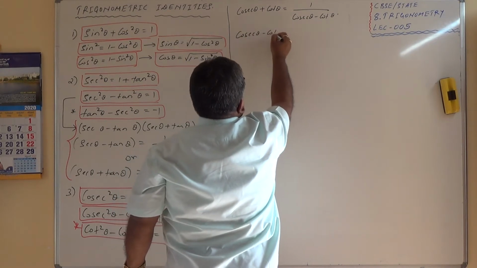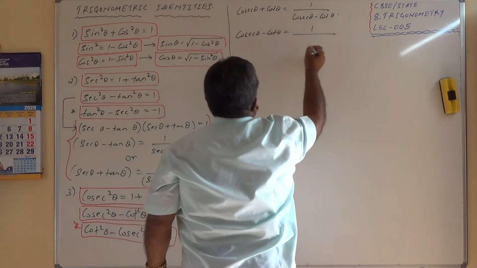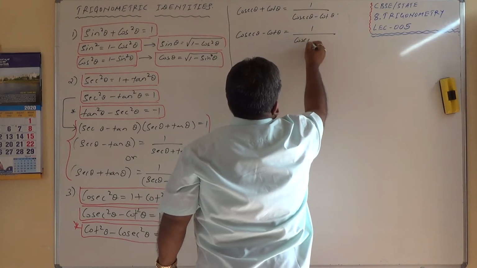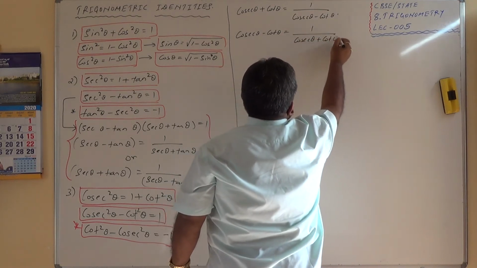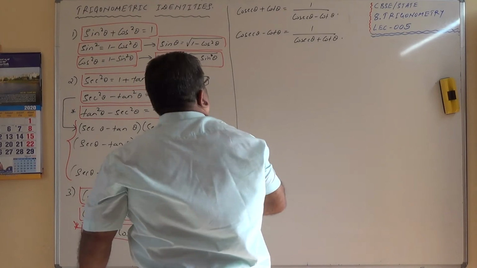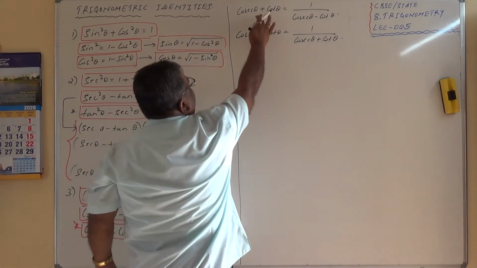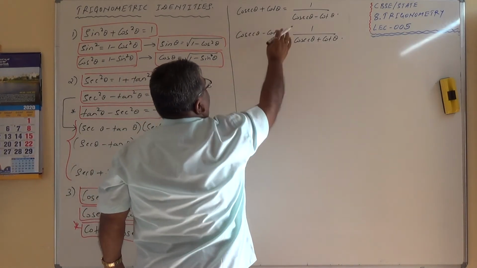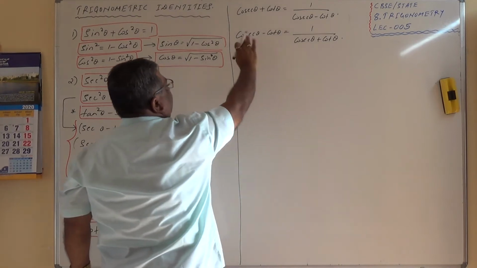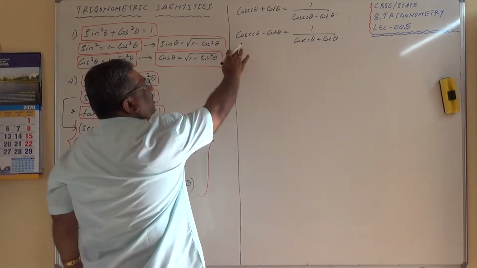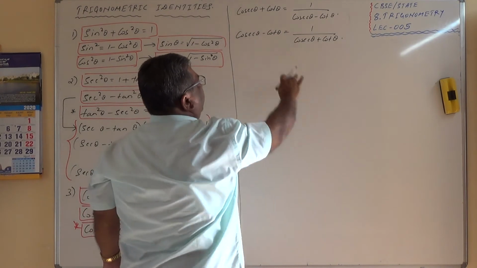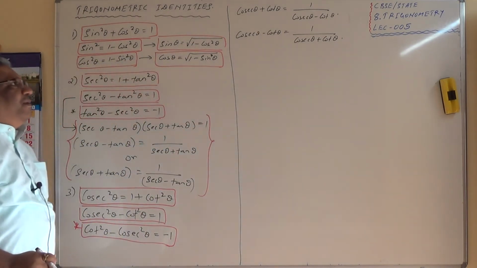Cosec theta minus cot theta equals 1 divided by cosec theta plus cot theta. Remember, you cannot reverse this. You cannot write cot theta plus cot theta minus cosec theta.